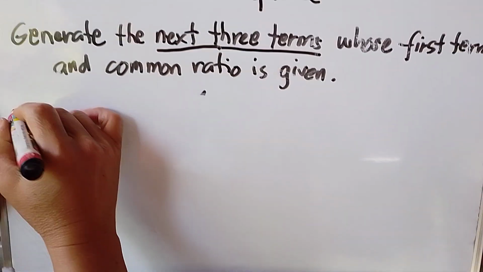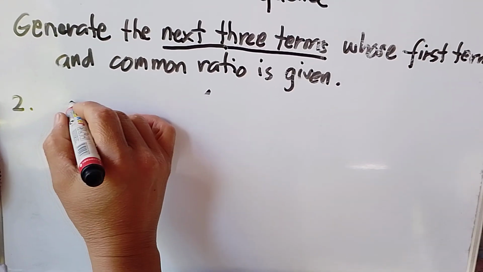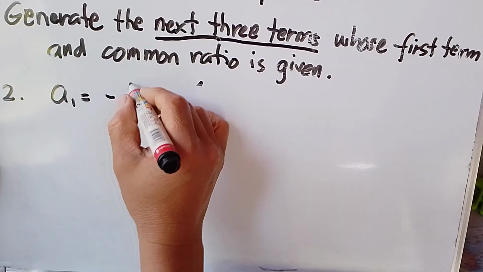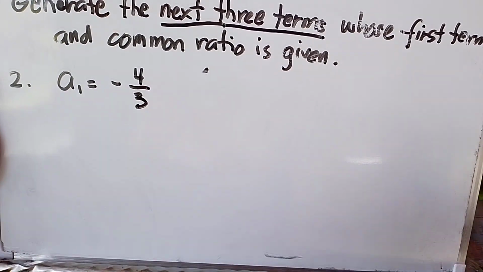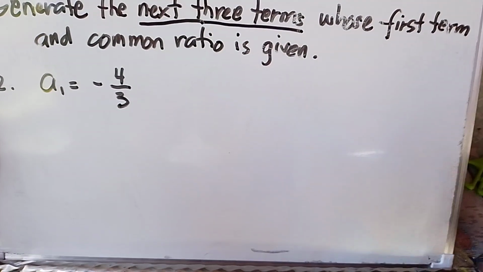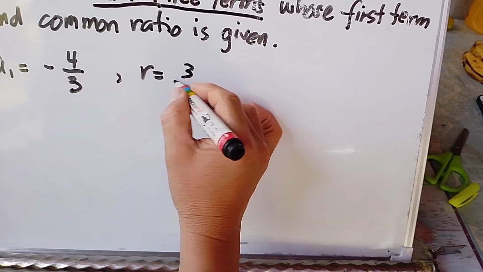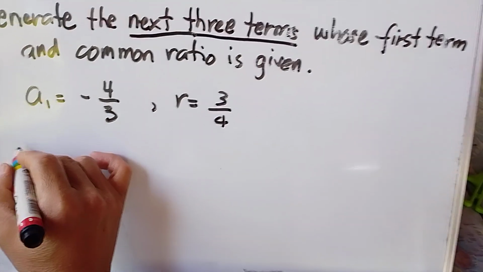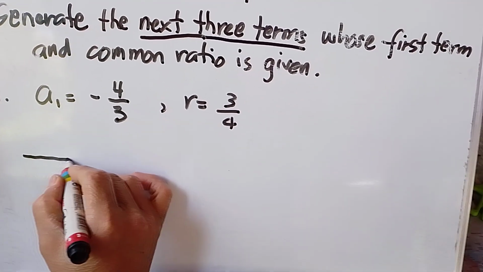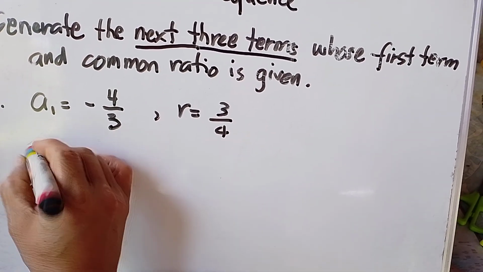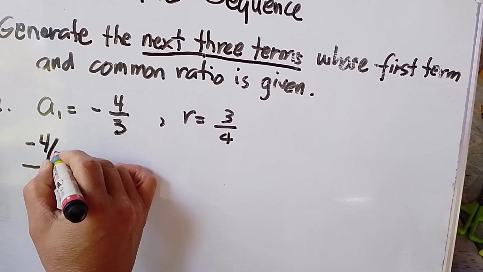Number 2. So I have here a1 is negative 4 over 3. Then the common ratio is 3 over 4. So this will be a1, which is negative 4 over 3.